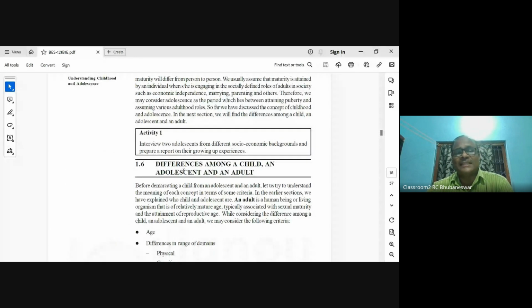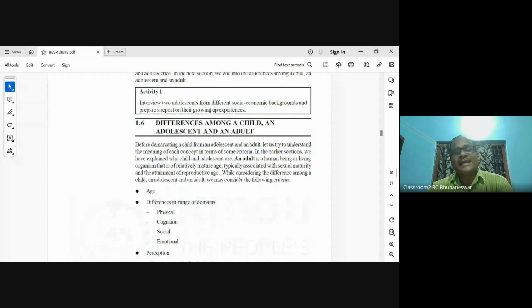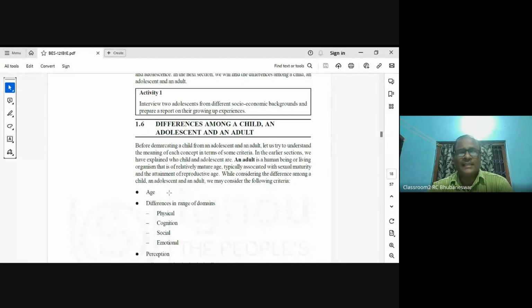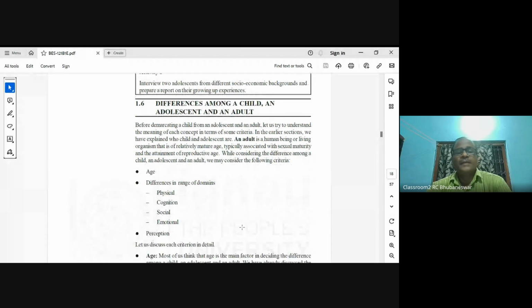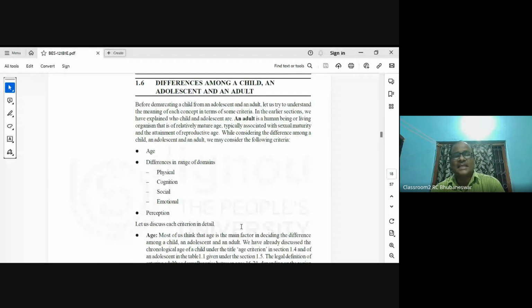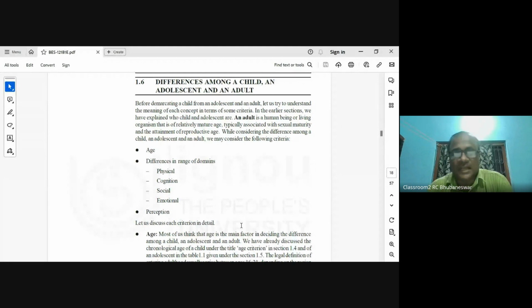What is the difference among the child, adolescent and adult? It is very important. The child, adolescent and adult are all different in age. Obviously, we know, in age, all are different. They also differ in a range of domains like physical, cognition, social, emotional.